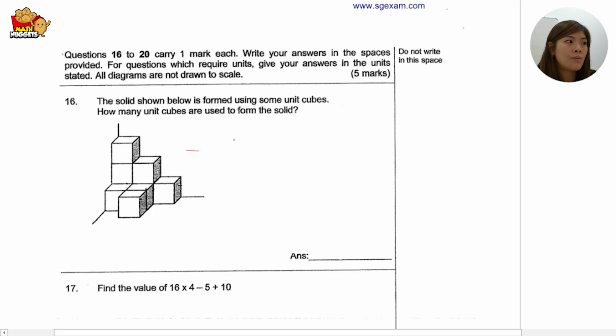So in total, we have 9 unit cubes. First layer 6, second layer 2, third layer 1. Total 9.